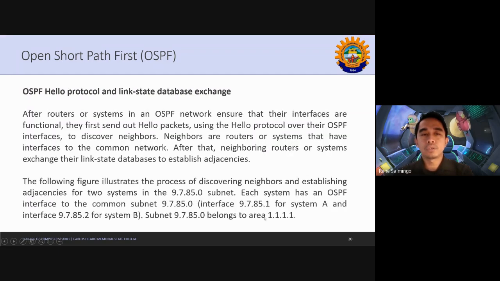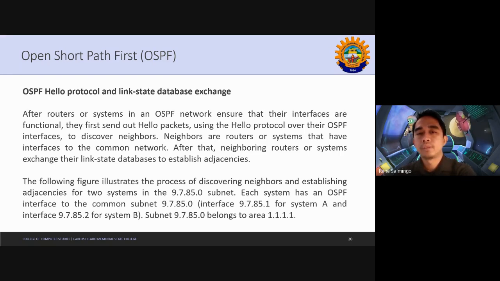There is also a method we normally use, which is the hello protocol and the link state database exchange. After routers or systems in OSPF ensure that their interfaces are functional, they first send out hello packets. So what do you think hello packets are?